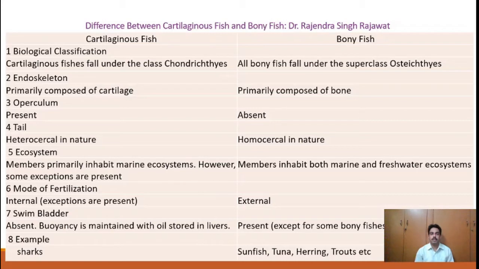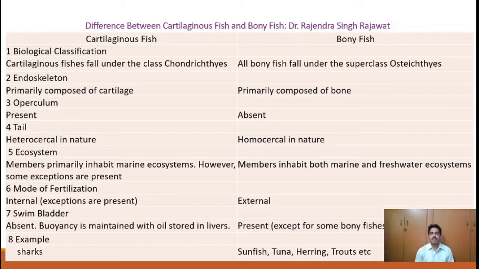Next, the fifth point is ecosystem. Cartilaginous fishes primarily inhabit the marine ecosystem. However, some exceptions may be present. So they are mainly marine.